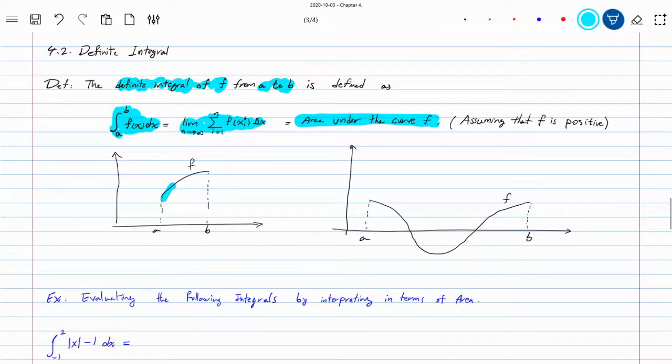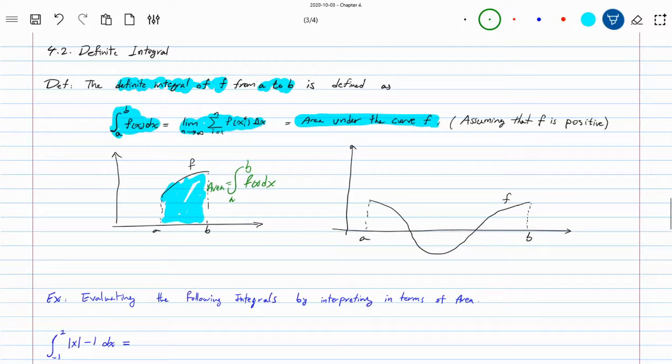So what does it mean? If I have this curve f and I want to calculate the area under the curve, I can say the area is basically the integral from a to b of f of x dx. This is the same as that area.